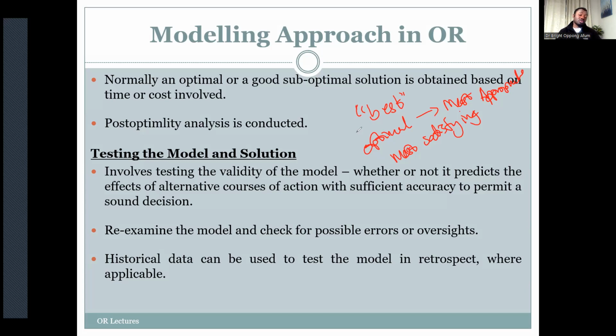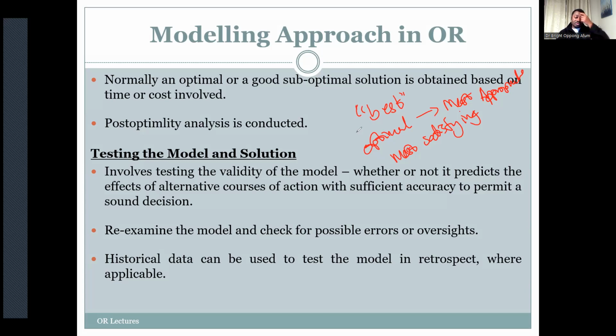For instance, the solution may be taking time. The computer is taking time to solve it. So instead of allowing the computer to spend all the time to solve, we can cap the time the computer takes to solve the problem and call it a suboptimal solution. Or sometimes the solution itself is based on approximations, and therefore it is not an optimal solution, but it is a good suboptimal solution.